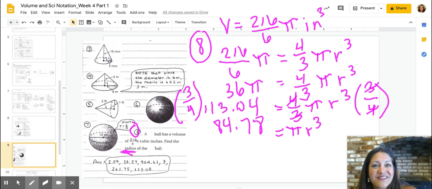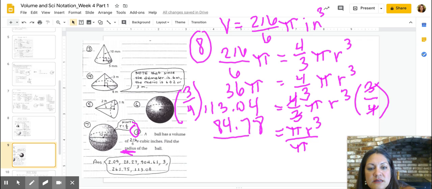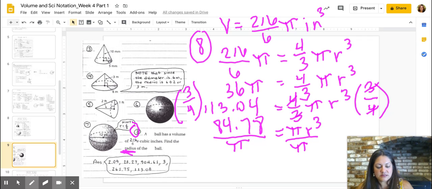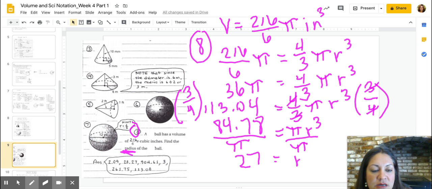Okay, now I need to get the r by itself, so I'm actually going to divide each side by pi. So divided by 3.14. Oh, look at that. Equals 27. Nice and neat. Equals r cubed.